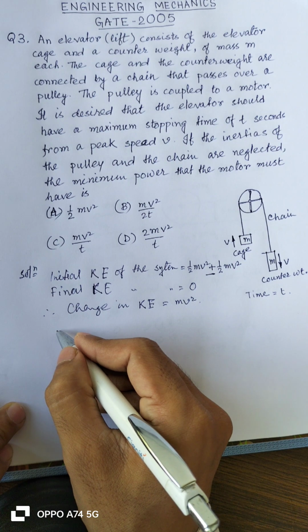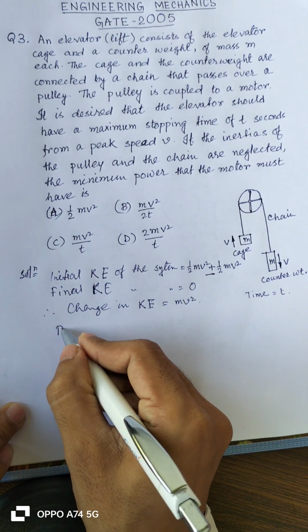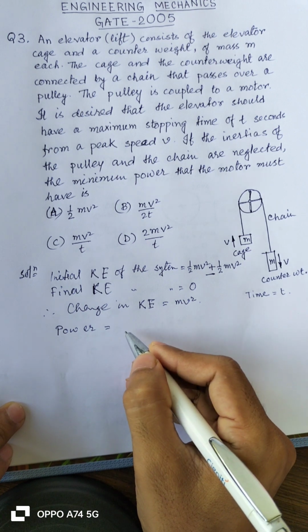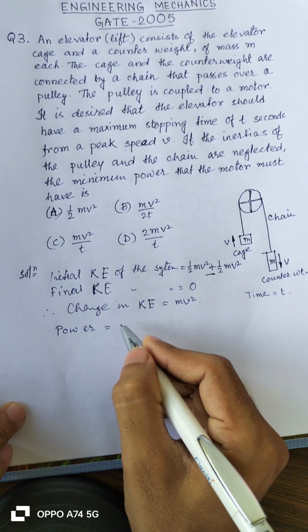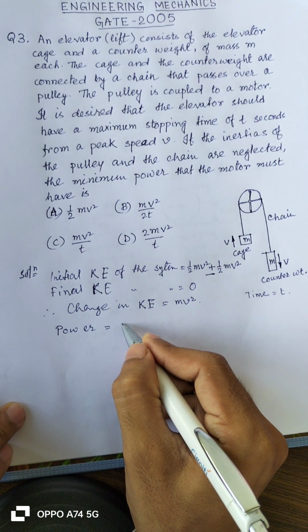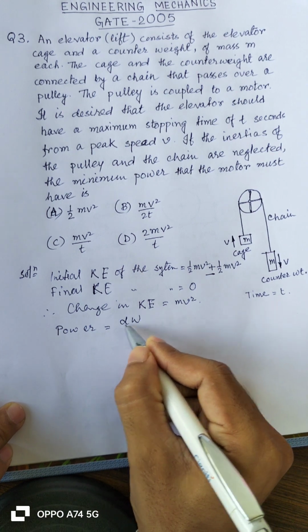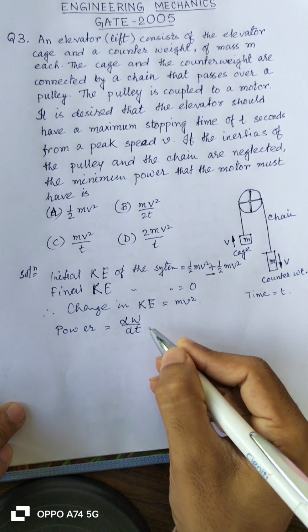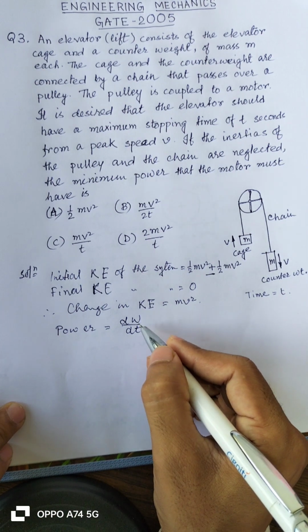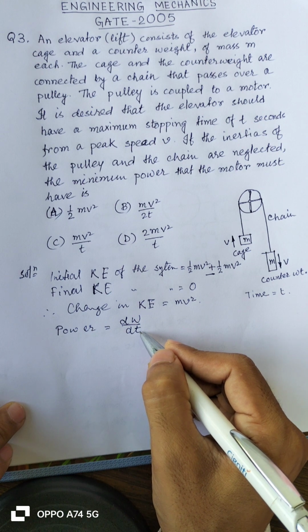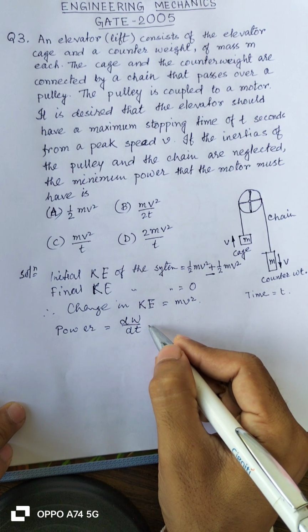From the definition of power, what we know, power is nothing but the rate of doing work, right? If W is the work, then dW by dt, that means the rate of doing work with respect to time. This is the definition of power.